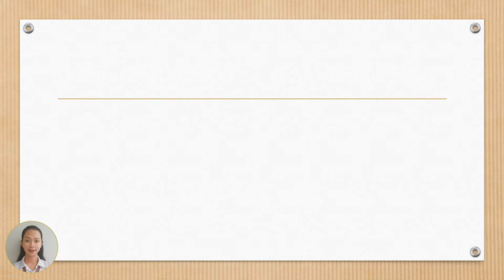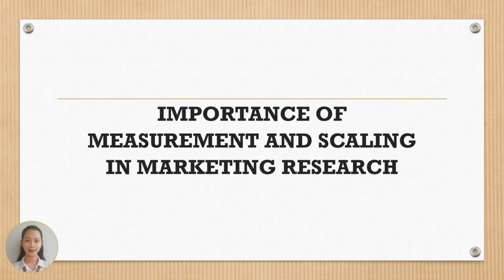So the first topic under this chapter is the importance of measurement and scaling in marketing research. Like sampling, we use measurement regularly in our daily lives. Let's say for example, if someone asks you your favorite newspaper, your mind may create a list and you decide your most favorite newspaper from that.